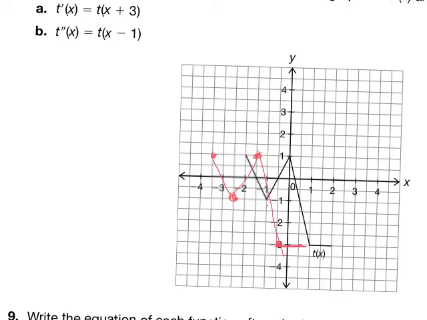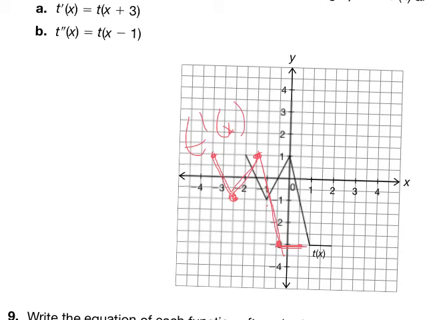What do you think of that? So I basically redrew it 3 units to the left, and I'm going to call that one t prime of x. I'm going to use blue for my next one, and this one says it's x minus 1. My brain says I remember I have to do this the opposite way. I'm not exactly 100% sure why yet, but I remember that.